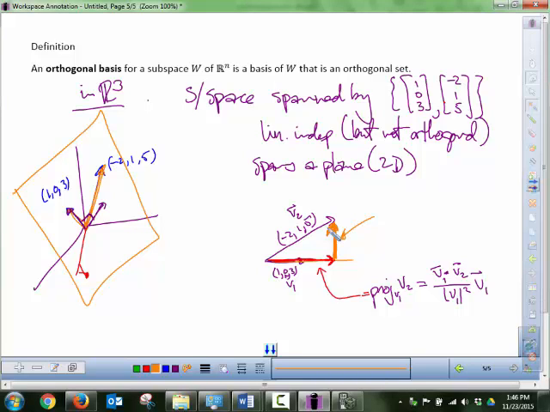Not V1. So it's head minus tail. So the head is V2 minus, not V1, because if it was V1, then it would be this vector. And I don't want that. So it's minus the projection of the whole thing: V1 dotted with V2 divided by the magnitude of V1 squared, times V1.